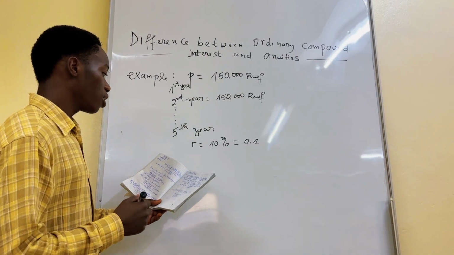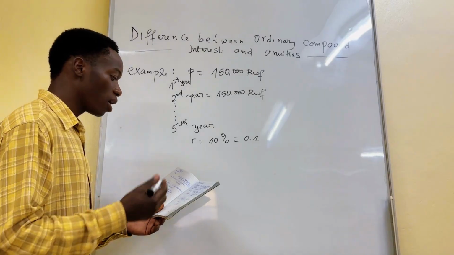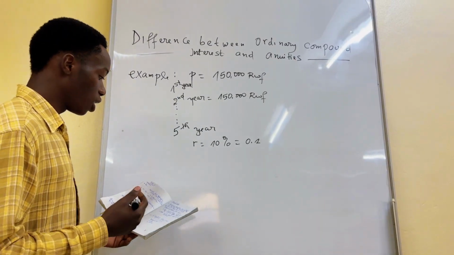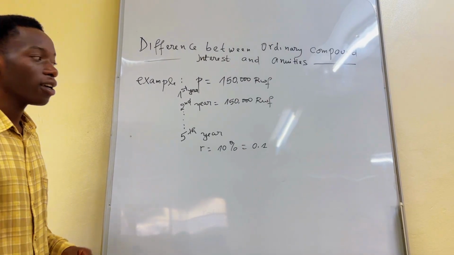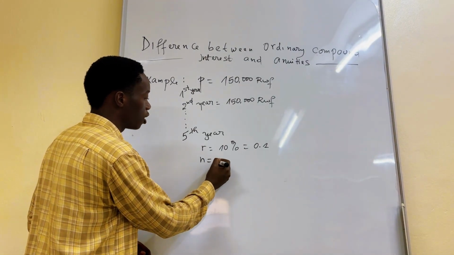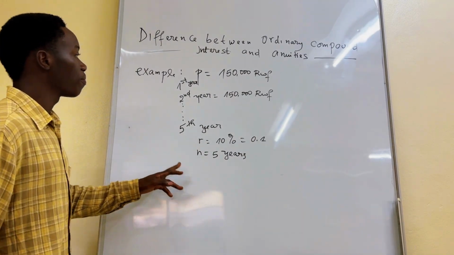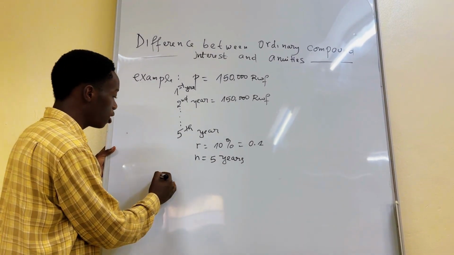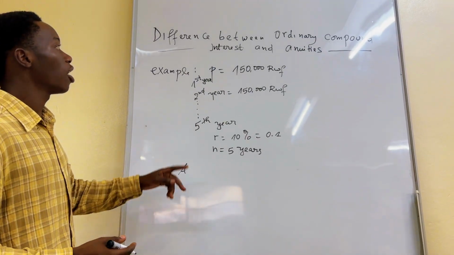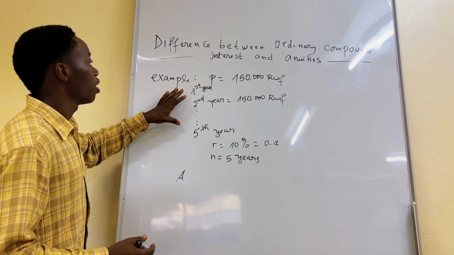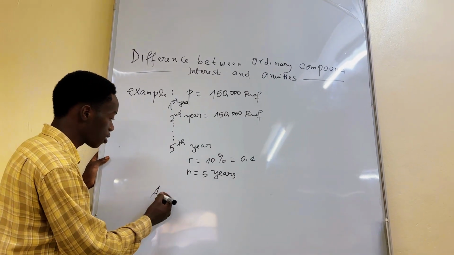Now they asked how much money will be in the account after 5 years, which means that N is 5 years. So here we will apply our formula, and you should keep in mind that this is annuities, because he made many deposits in different years.